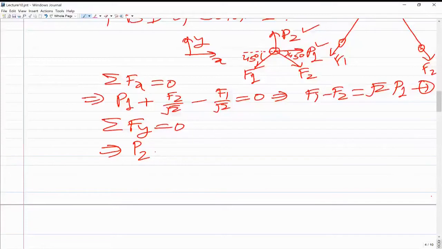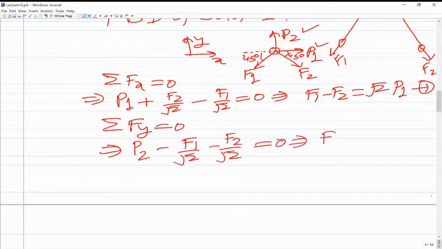So this is P2, and then both F1 and F2 will have a component along the negative y direction, F1 sine 45 and F2 sine 45. So that is 1 upon root 2. So we will get minus F1 upon root 2 minus F2 upon root 2. This will be equal to 0. So you can write from this equation that F1 plus F2 is equal to root 2 into P2, and let us call this equation number 2.